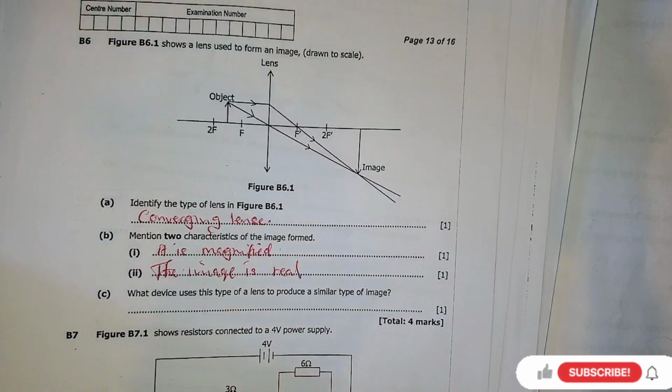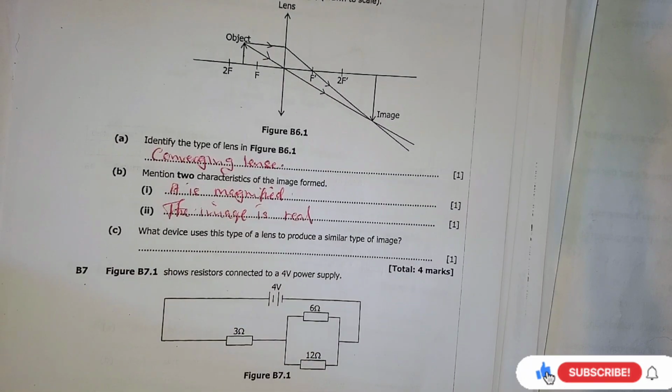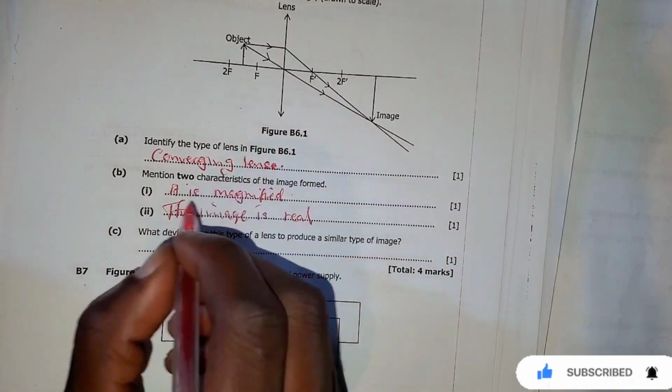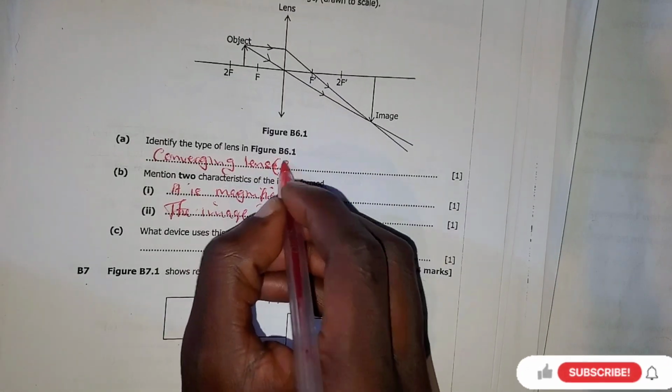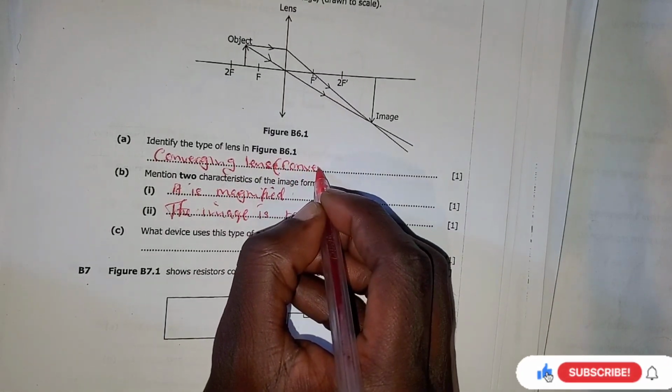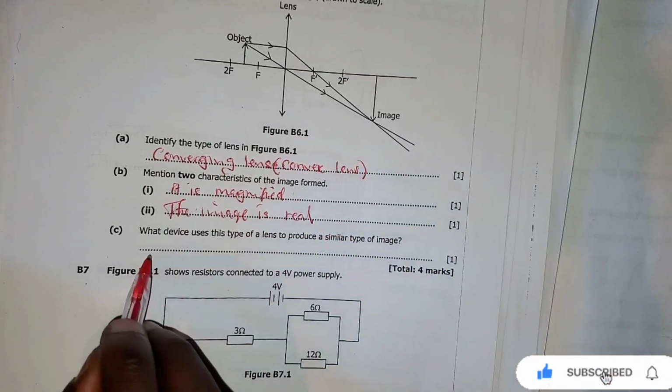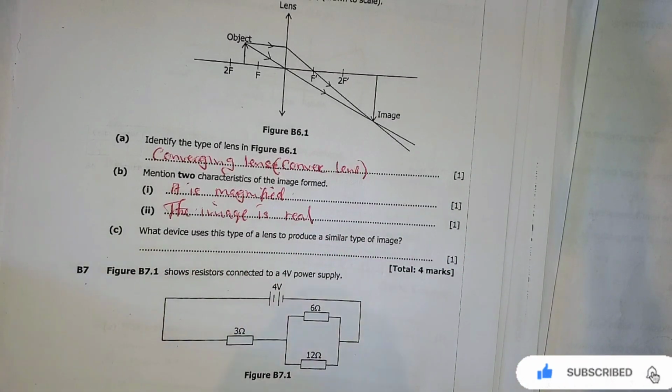Now the last question is saying, what device uses this type of lens? Oh, by the way, this is also called the convex lens. What device uses this type of lens to produce a similar type of image?